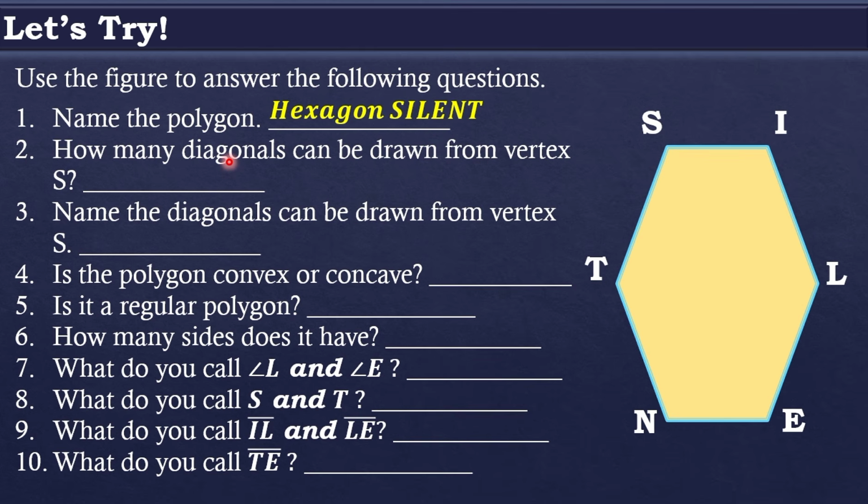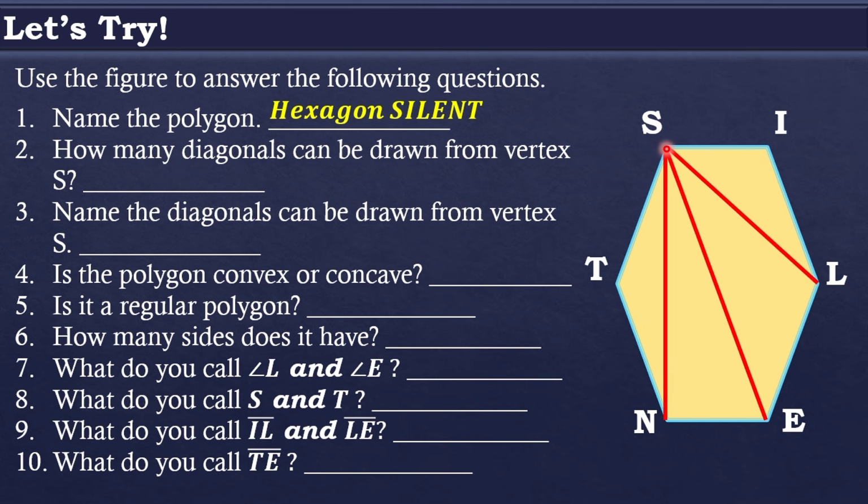How many diagonals can be drawn from vertex S? So, ito po yung vertex natin. Ilang diagonals ang pwedeng madrawing doon from there. So, pag sinabing diagonals, non-consecutive vertices. So, 1, 2, 3. So, name the diagonals. We have diagonal SN, SE, and SL.